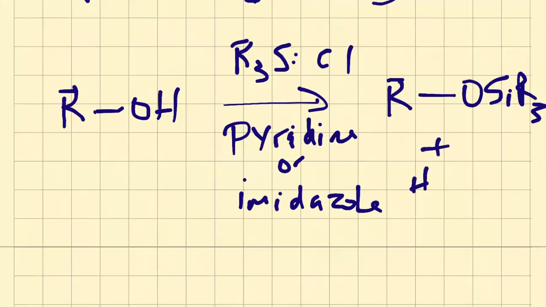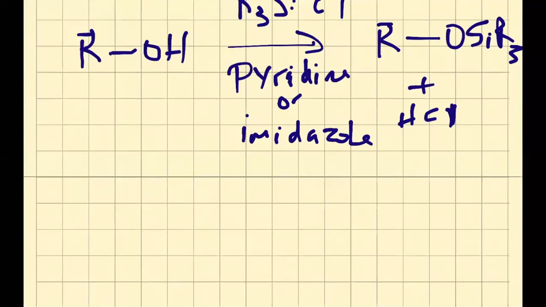And we'll just say plus HCl, because that pyridine, once it does proton transfer, it's going to transfer that proton back to something. So you end up with that plus HCl. All right. And so what this does is it keeps that oxygen from being able to react, right? The oxygen can't react with another functional group. It can't react with another species because it's coupled up now with this silicon.